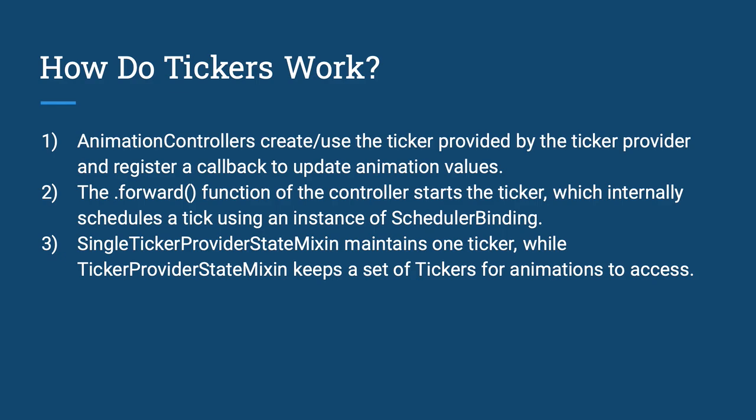The forward function of the controller starts the ticker, which internally schedules a tick using an instance of scheduler binding. And the last part is that single ticker provider state mixin maintains just one ticker, while ticker provider state mixin keeps a set of tickers for animations to access.